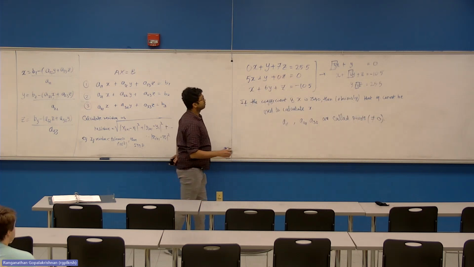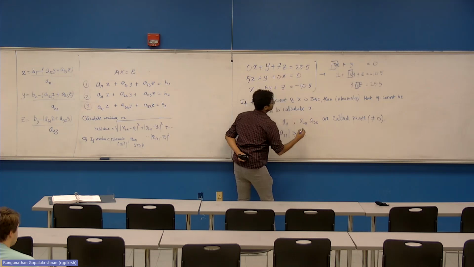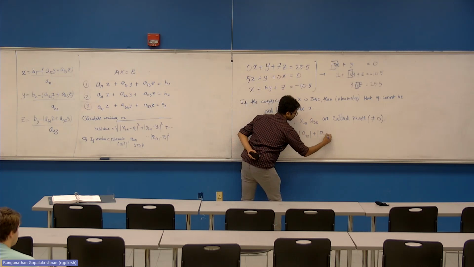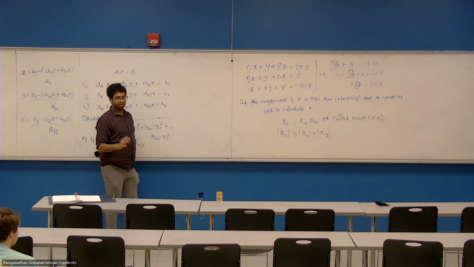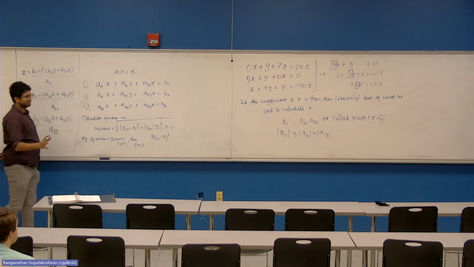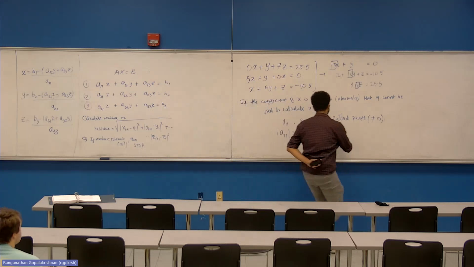Not only that, we want the pivots to be numerically greater than or equal to the sum of the magnitude of the other two. This is a requirement for the method to work. Okay. Why would you think that would be necessary? Why should this be true for the method to work?